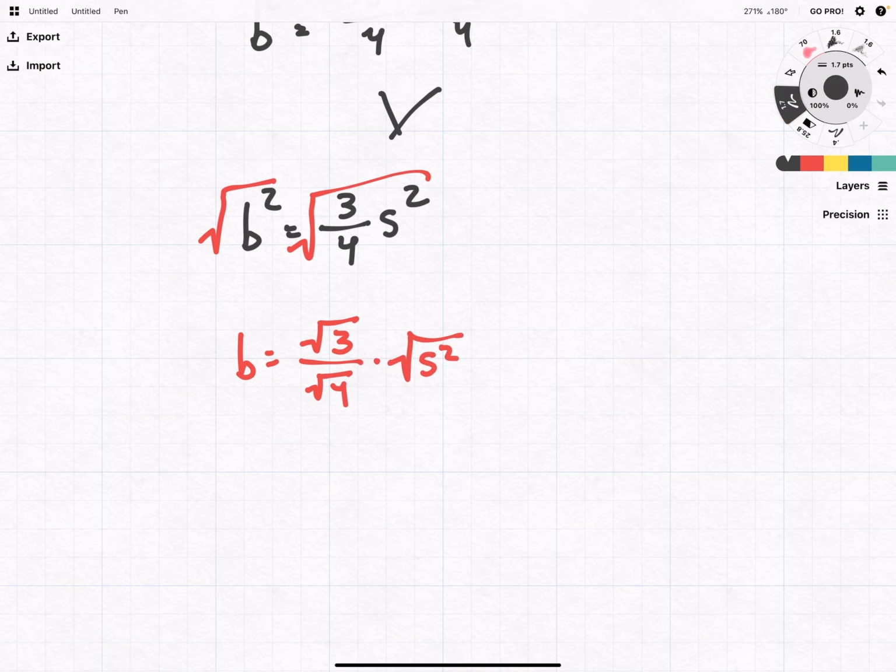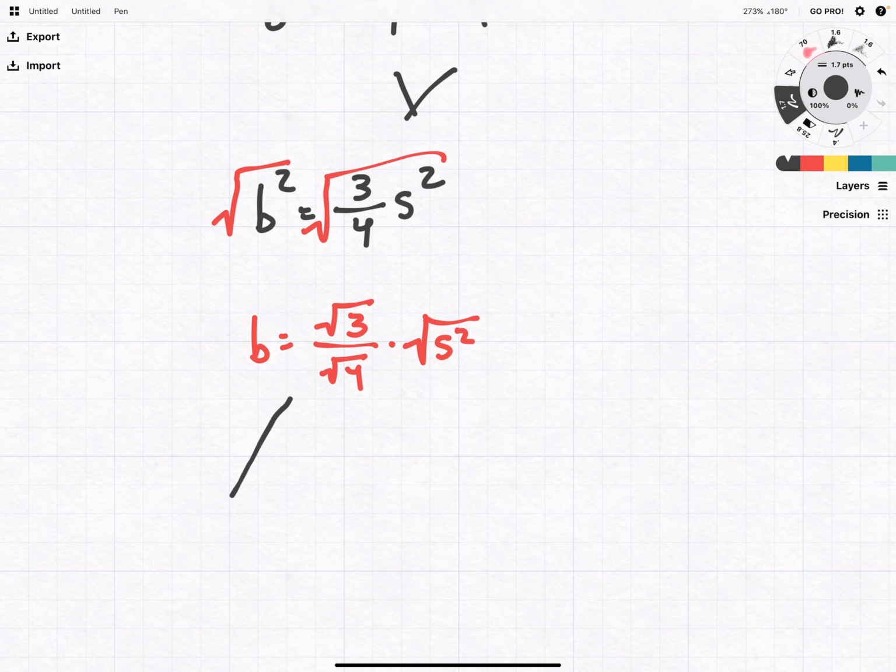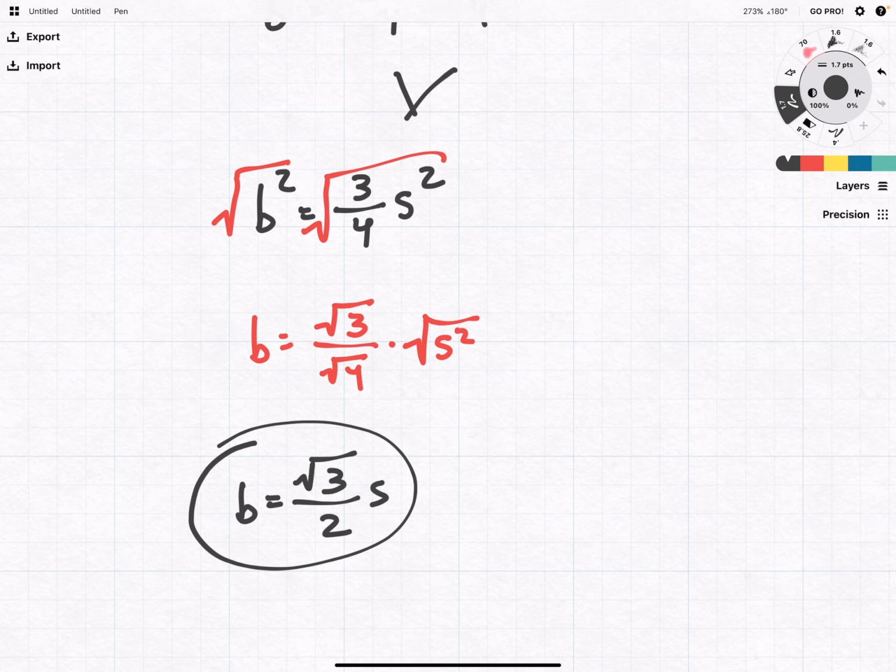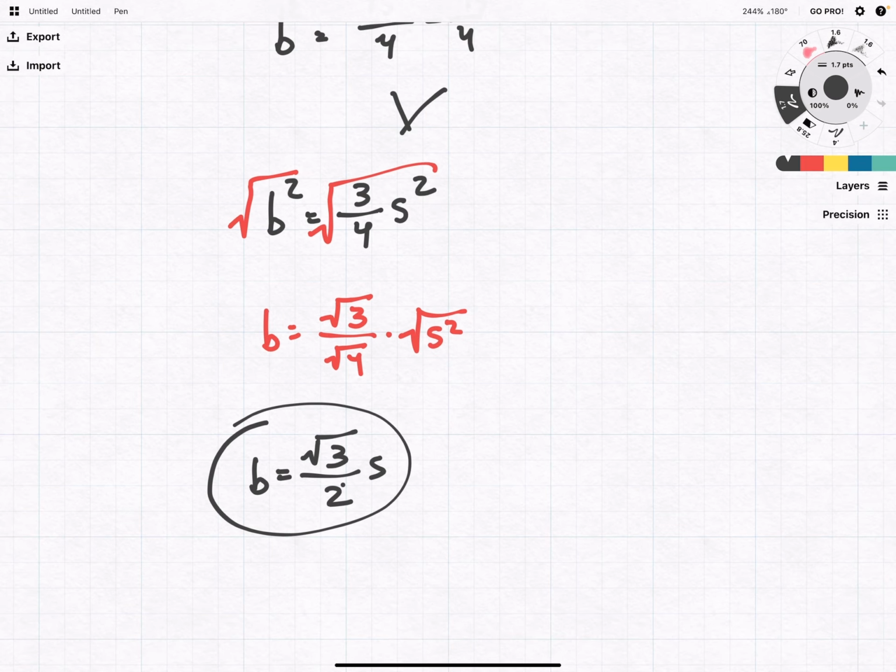Now b equals the square root of 3. That's not a very clean number, so we'll just leave it as the square root of 3. The square root of 4 equals 2, and the square root of s squared is just s. So we're left with b equal to root 3 over 2 s.